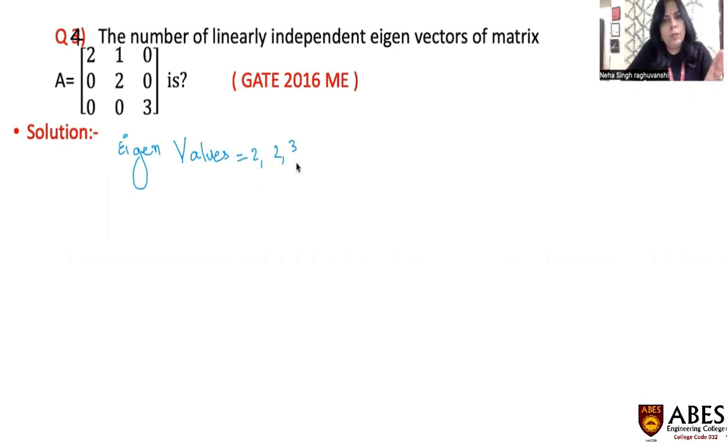So there are two different numbers. That is why the answer would be 2. There are only two linearly independent eigenvectors in this question, one for this one and one for this one.